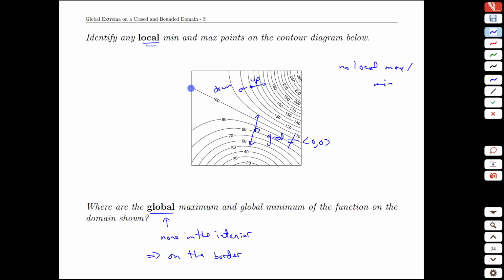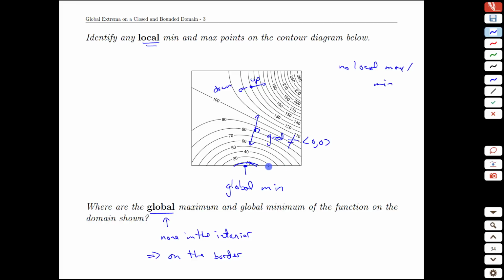We scan the border. We're at height 100, 90, 70, 60, 30, 20. Here we almost have that nested idea. We can see that we can push towards the center of this arc here. And we're at 30, we're at height 20, we're going to go down a bit further, and then we're going to go back up. There's going to be some point in there that is going to be the single lowest point on the boundary.